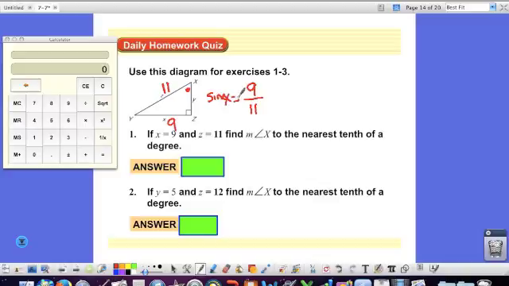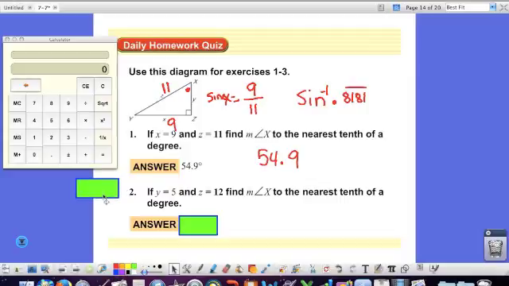So 9 divided by 11 is 0.818181 bar repeat. I'm going to leave that in my calculator. I'm on the second level on my calculator. I press sine -1 and I get 54.9. So this angle x is approximately 54.9 degrees.